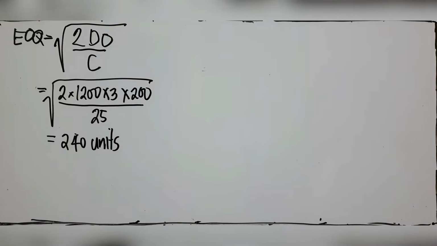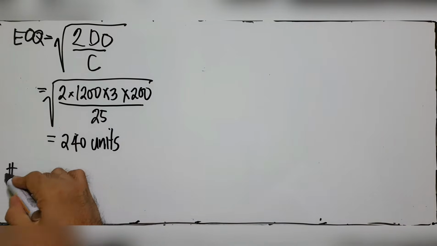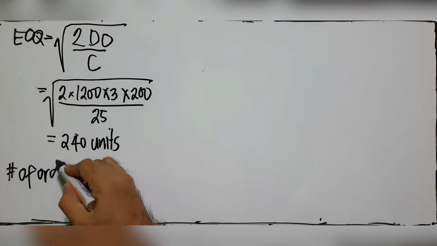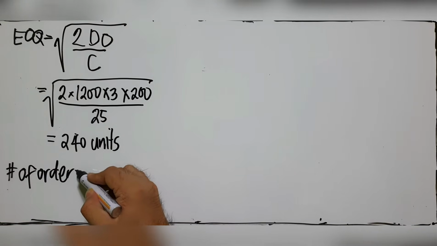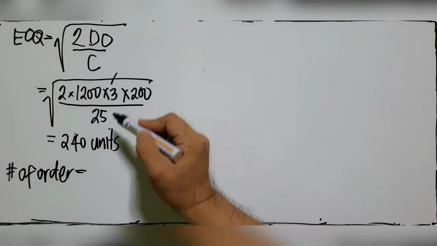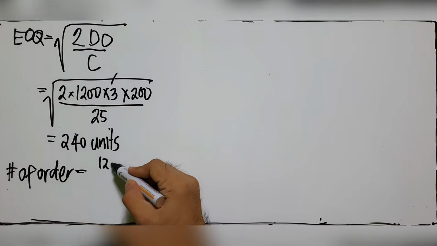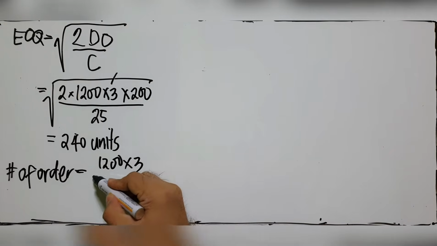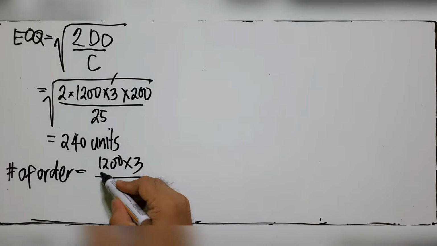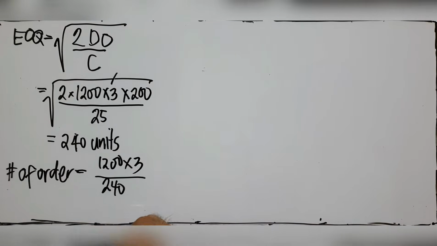So, every time we place the order, the quantity is 240 units. If we are asked as to number of orders, ibig sabihin, ilang beses tayo order. So, that would be, your demand is here, 1,200 times 3 over the number of units, 240 units. So therefore, in a year, we're going to place how many orders? So that would be 15 orders. Okay?